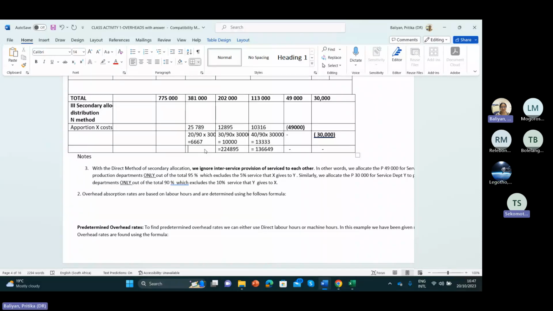Yes, ma'am. I think A is not correct, let me add it properly. 25, for C 789. The rate is 41. Even for C, 13,000. Yes, this is the total cost of A.